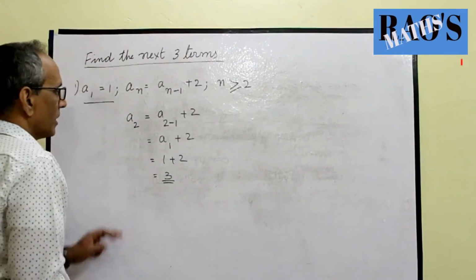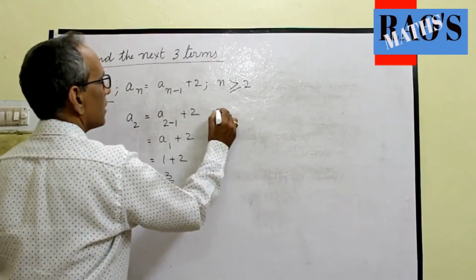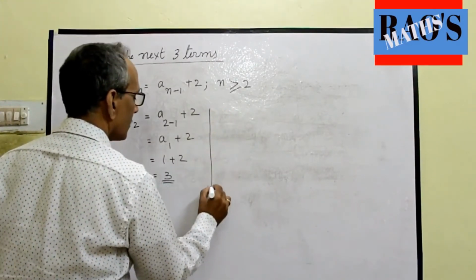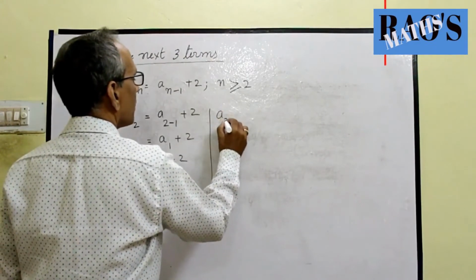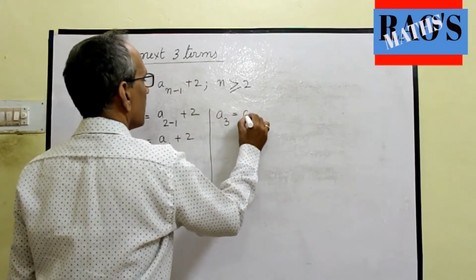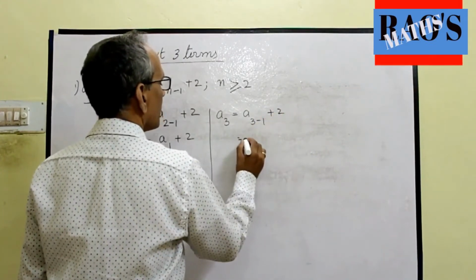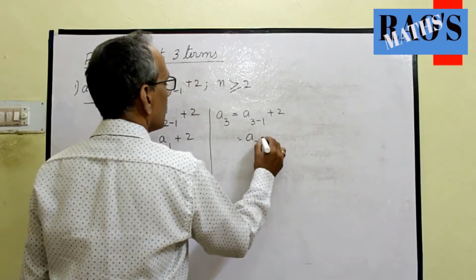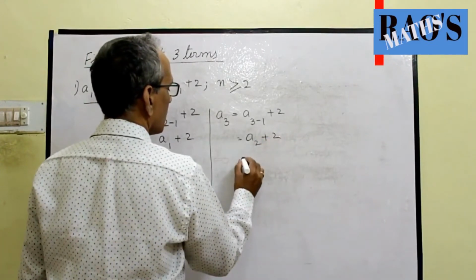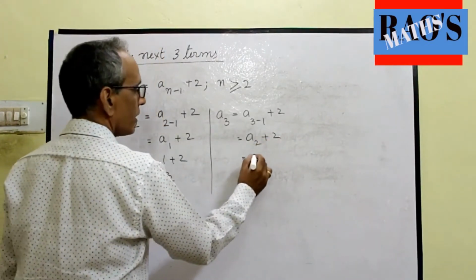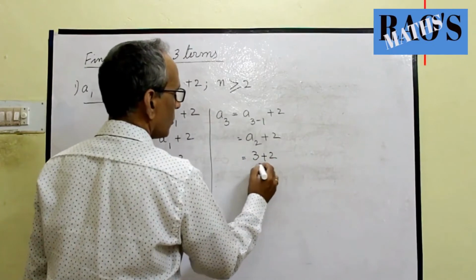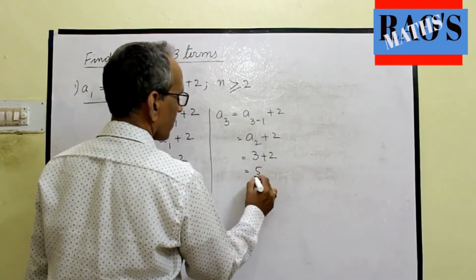Clear? Next, if I take 3, the third term A3, of course it is a(3 minus 1) plus 2, which is term 2 plus 2. Term 2, we just got, that is 3 plus 2, that is 5.